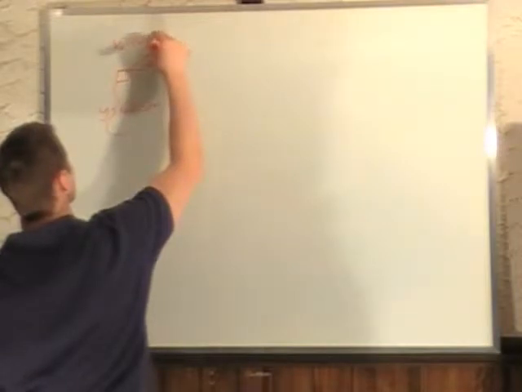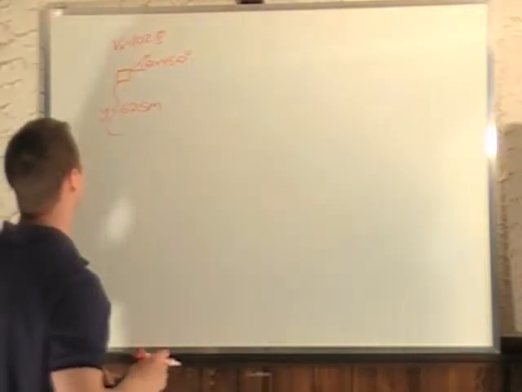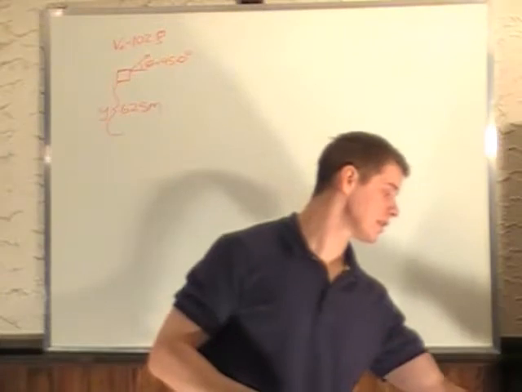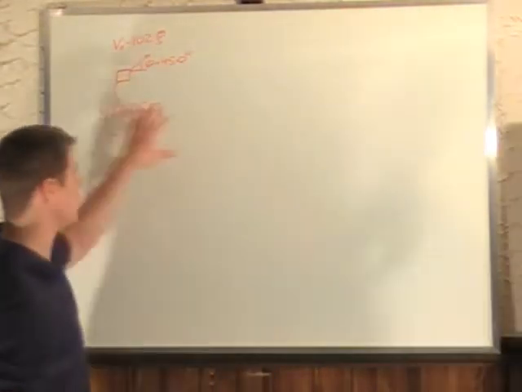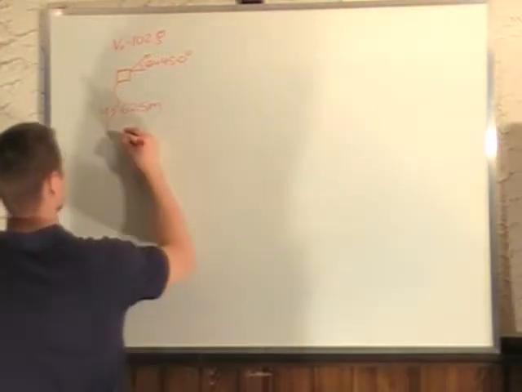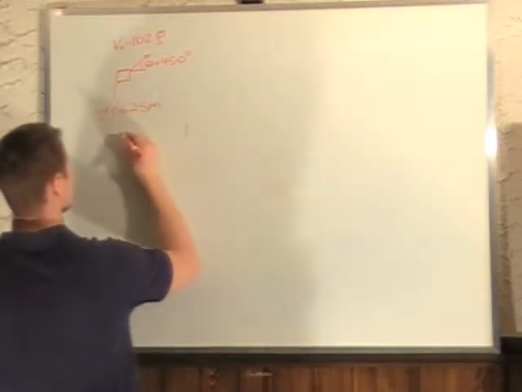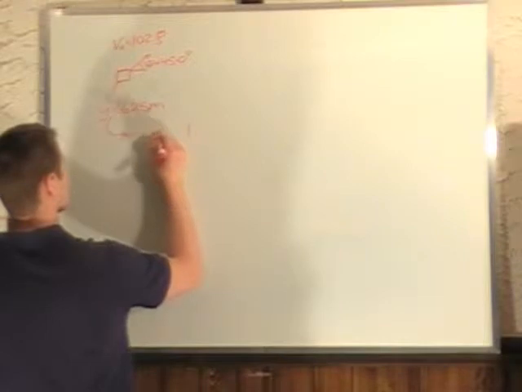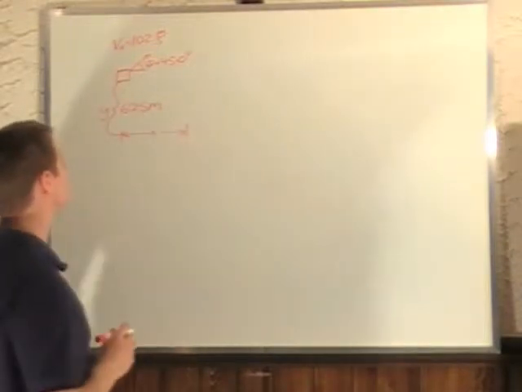Now what we want to find is the distance that this package travels in the x direction. We're given some of the information in the y direction. What we want is basically this distance, x.